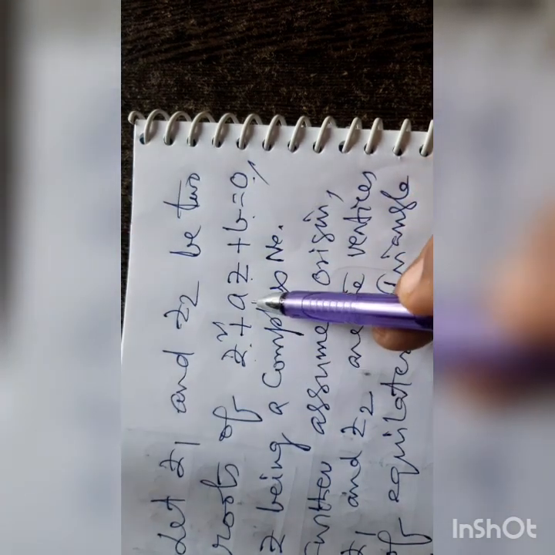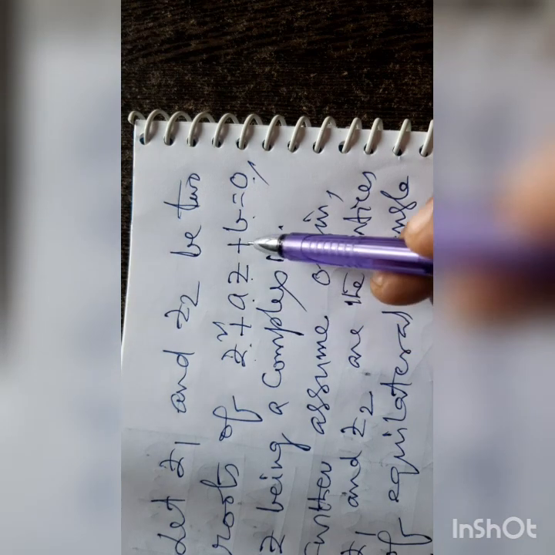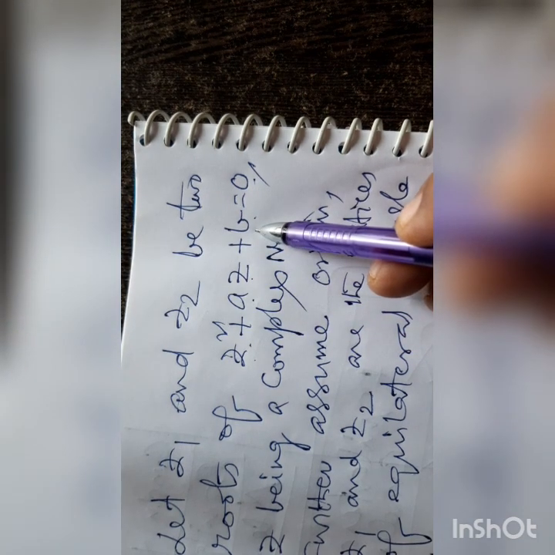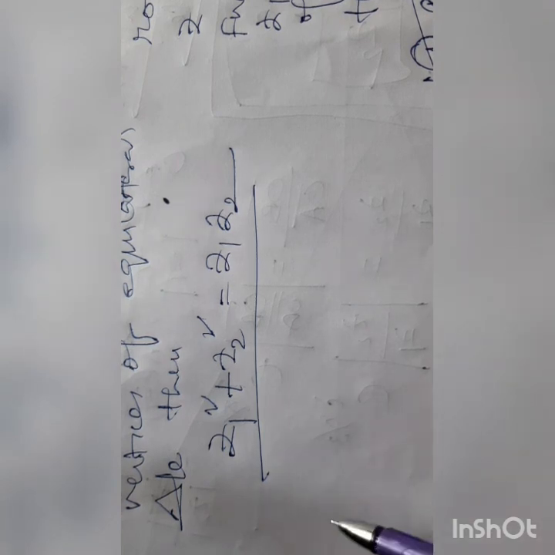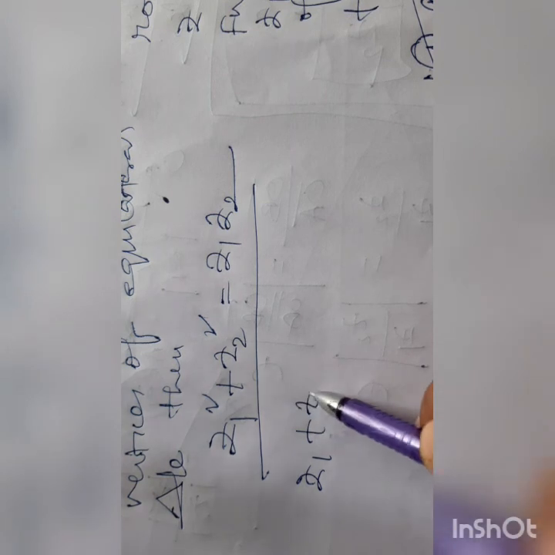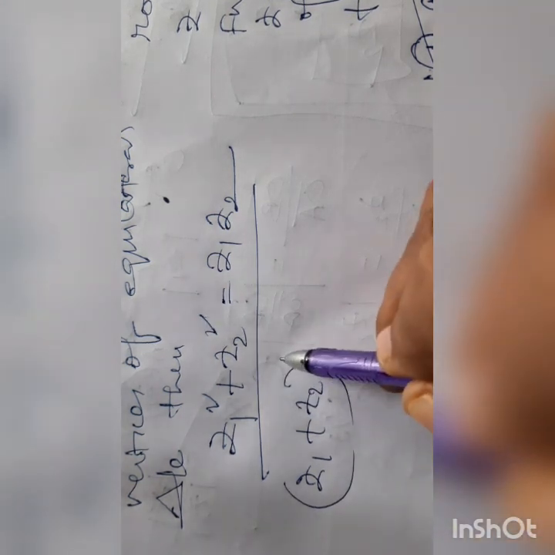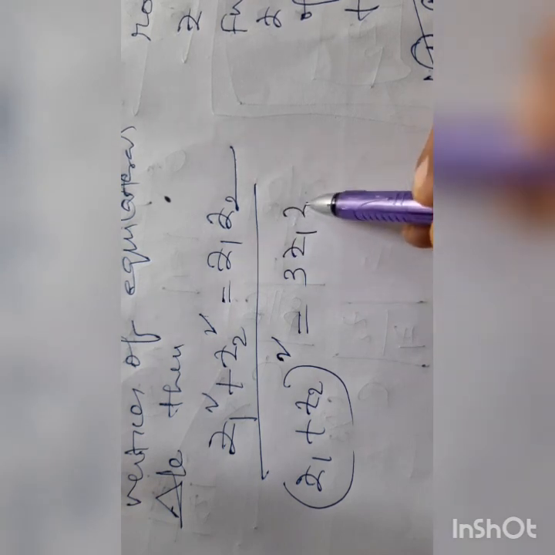Z1 plus Z2 is minus A and Z1 Z2 is B. So we have to write it in the form that Z1 plus Z2 whole square equals 3 Z1 Z2.